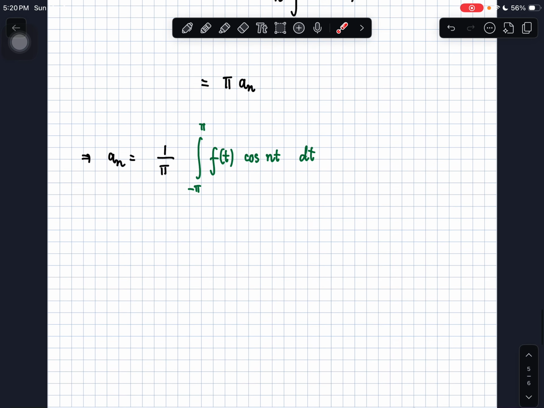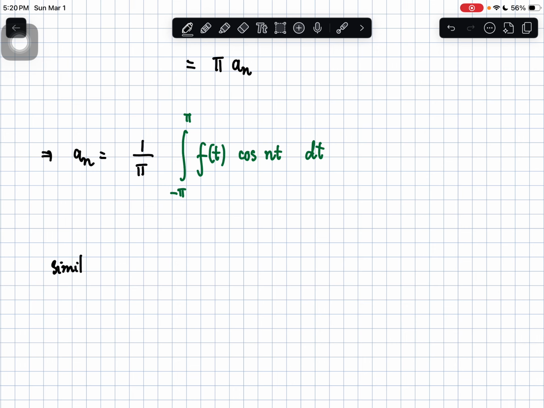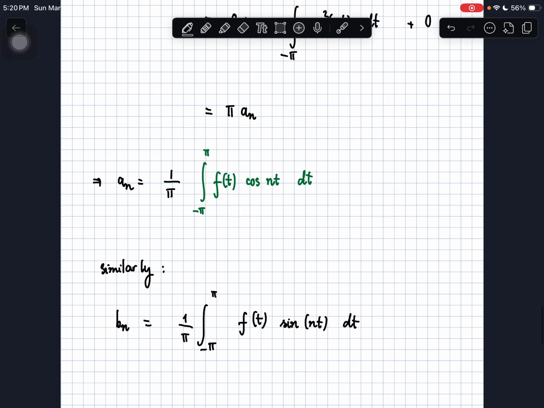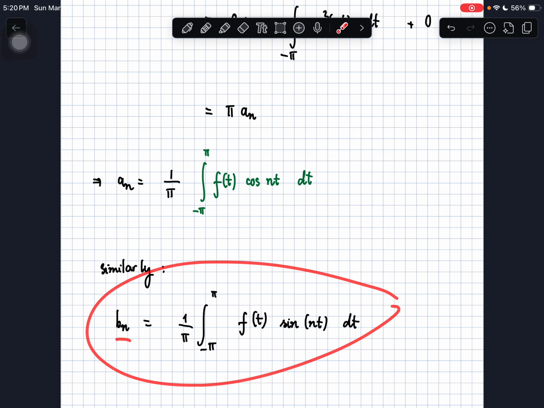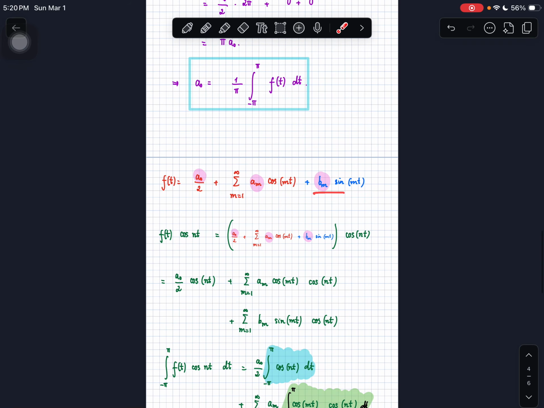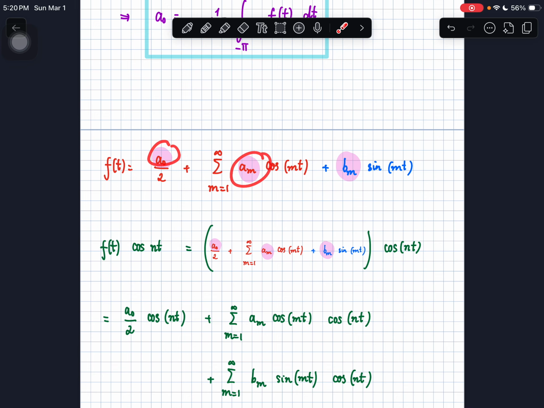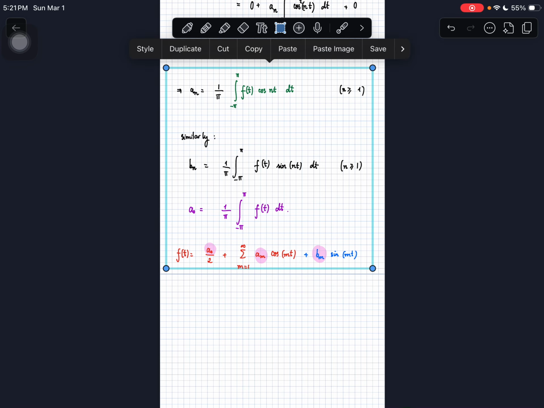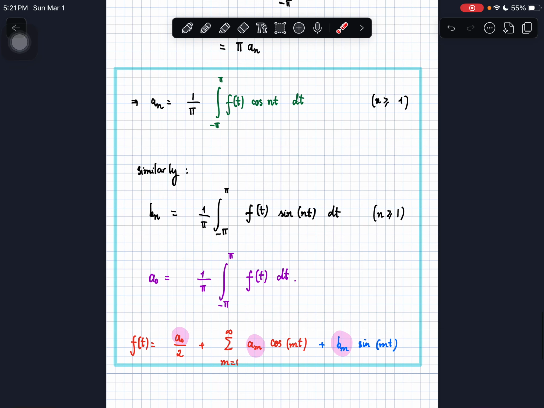And similarly, you will get bn equals 1 over pi times the integral from minus pi to pi of f(t) times sine nt dt. That gives us a formula for all the coefficients here. So we computed all a0, am, bm. So here is our formula for the Fourier series of function f(t). f(t) is a piecewise continuous function of period 2 pi.